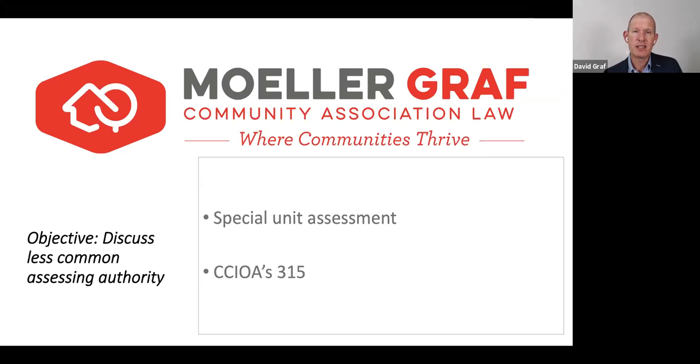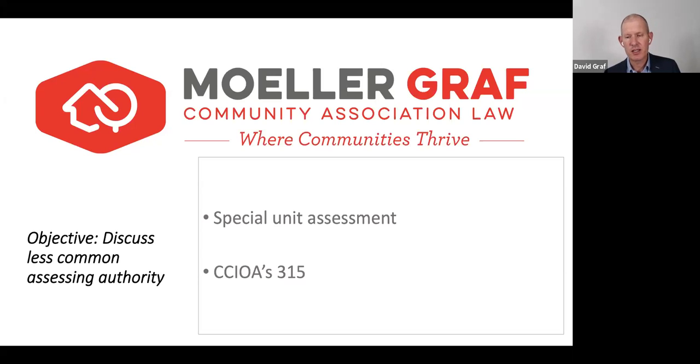So what the law is basically saying is we will allow you to enforce the terms of your own governing documents, but we're not going to give you independent assessing authority to just tell certain people that benefit they have to pay this, whereas others may not have to. So this section 315 in Kiowa is pretty illusory in that it doesn't really give you any more rights than you would have already had in your declaration, because if it's not already required in your declaration, then you can't take advantage of the language in 315 of Kiowa.